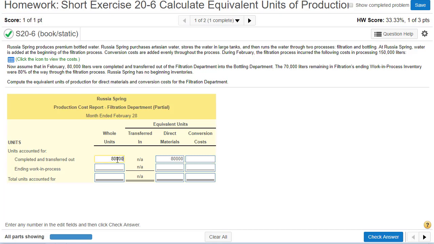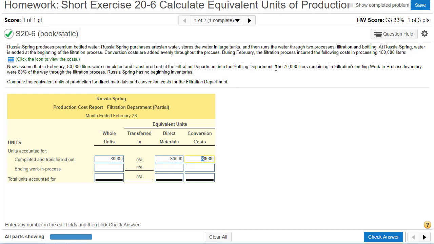Since these 80,000 units were completed, that means 100% of them, or 80,000, had all the conversion costs added to them. Okay, that part is simple enough. So on this completed and transferred out row, it's always the full amount. 80,000, 80,000, 80,000.